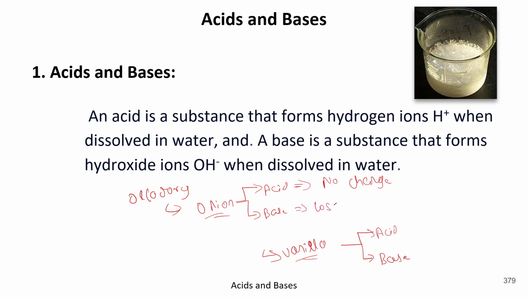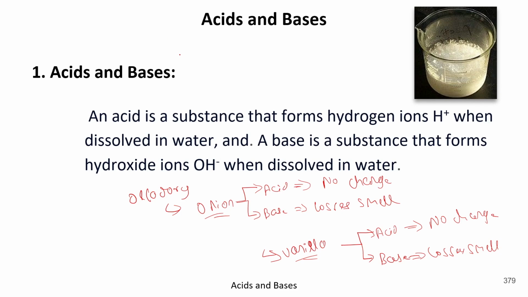For base, loses smell. A similar thing happens with vanilla: with acid, no change, but for bases, loses smell. Got it? So for onion, it loses smell with the base but does not change with acid. Similarly, for vanilla, it loses the smell with the base but does not change with the acid.